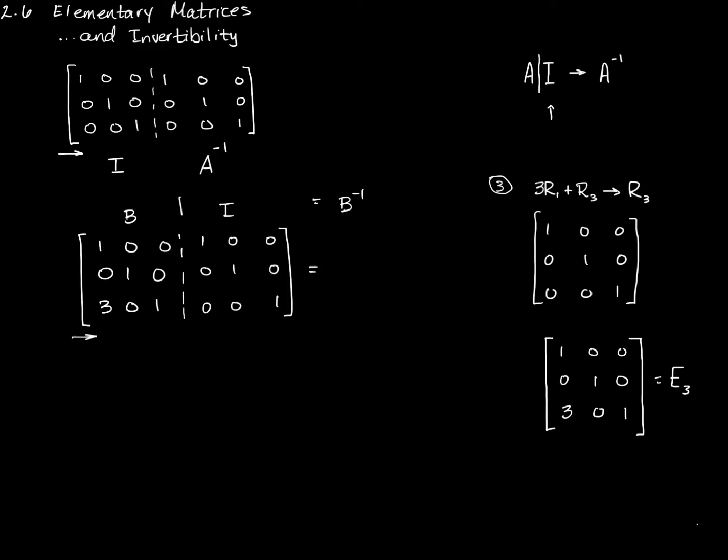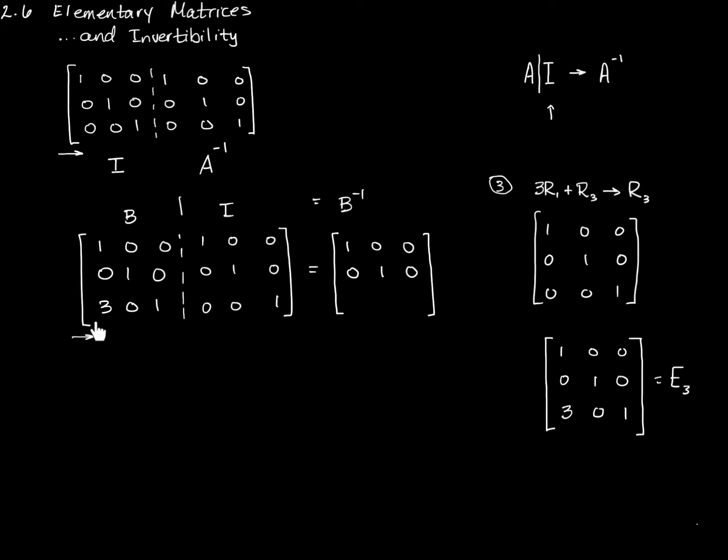So I'm going to go ahead and push through those elementary row operations. As you can see, I don't need to do anything with rows 1 or 2 because they are already the rows appropriate for a 3 by 3 identity matrix. The only thing I'm going to need to change is in row 3.